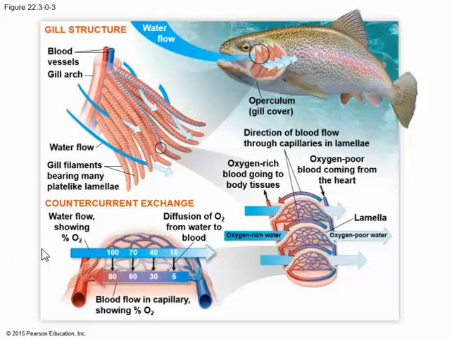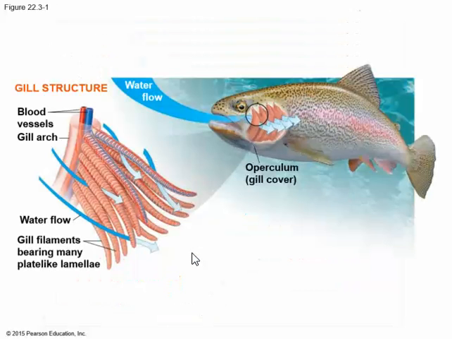There's another picture here. All right, the water is going this way across the gills. The blood is flowing the opposite direction, countercurrent. And as the blood moves through here, it picks up more and more oxygen. At the same time, the water is losing oxygen. All right, so again, here are the gills.